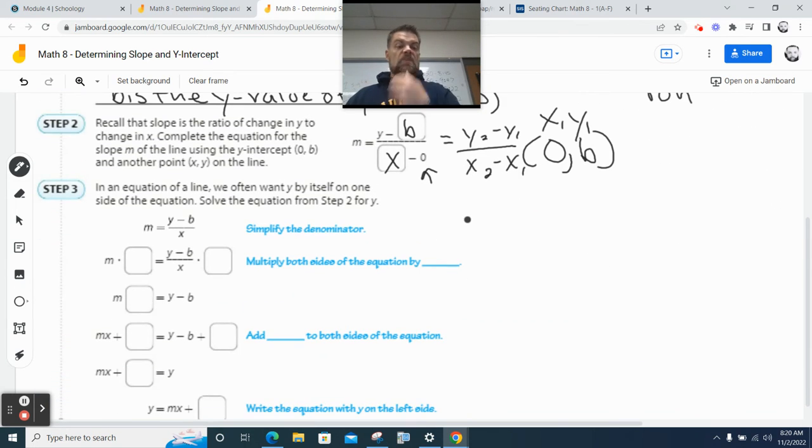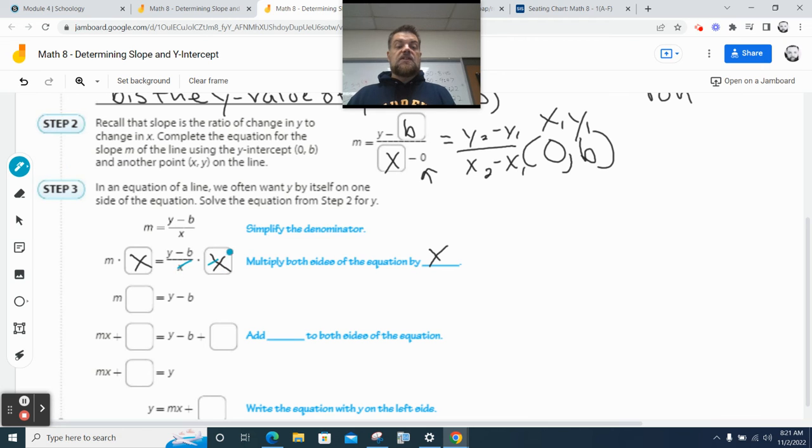Okay? So what I want to do first is move the x out from underneath the denominator. The denominator is x. I'm dividing by x, so what I need to do is multiply by x on both sides.